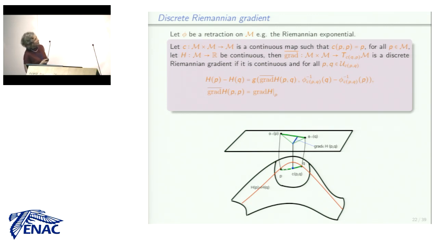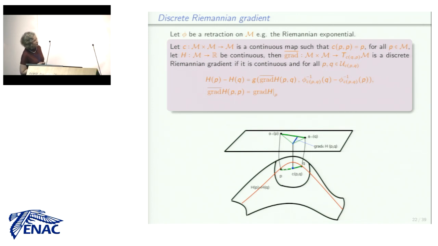The second thing is this property here, which is an orthogonality property. If P and Q are on the same level set of your energy function, then this is equal to 0, and this is an orthogonality in terms of the Riemannian metric. Here it's again one of my pictures. This is the level set of the energy.